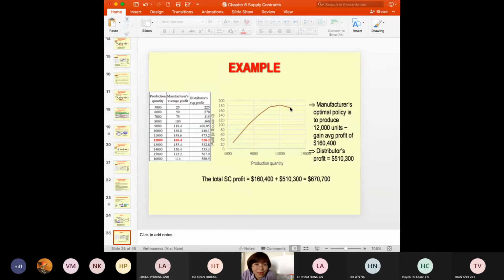So it means the distributor has no risk if they sell more products, so they can get more.